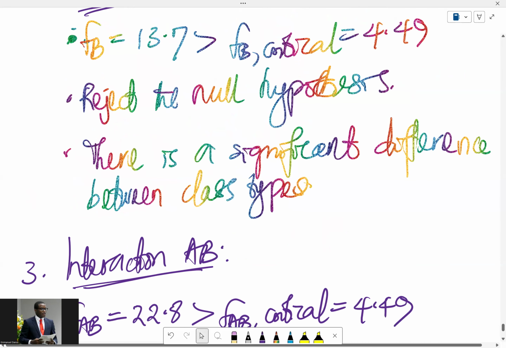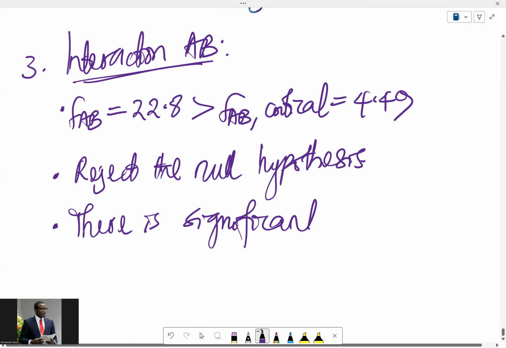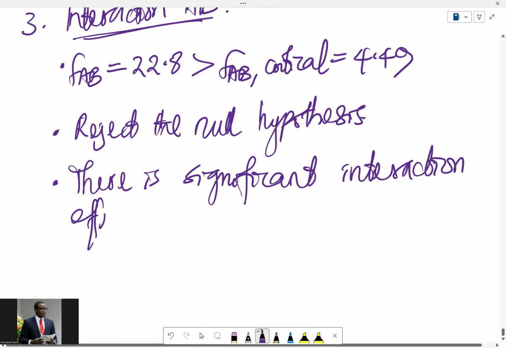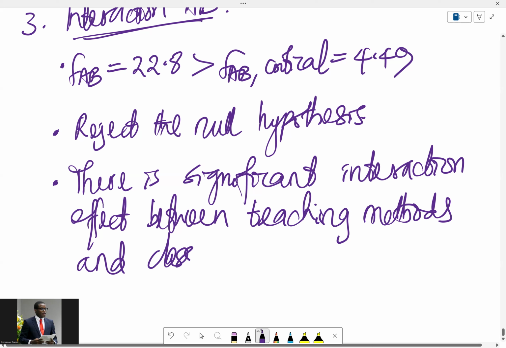Reject the null hypothesis. And what that simply means here is that there is a significant interaction effect between teaching methods and class types.